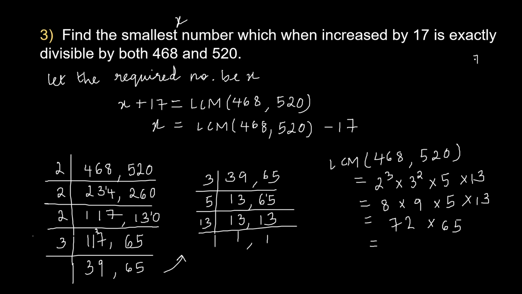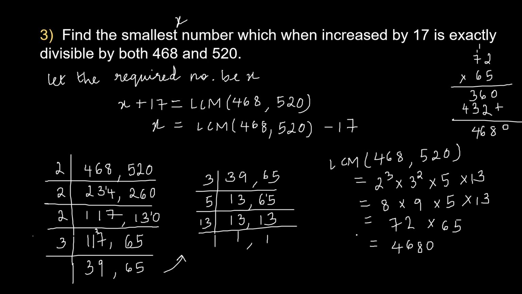So we'll multiply 72 and 65. 5 2s are 10, 7 5s are 35, 36, plus 6 2s are 12, carry 1, 7 6s are 42, 43. So 0, 8, 6 and 4. So here 4 6 8 0.